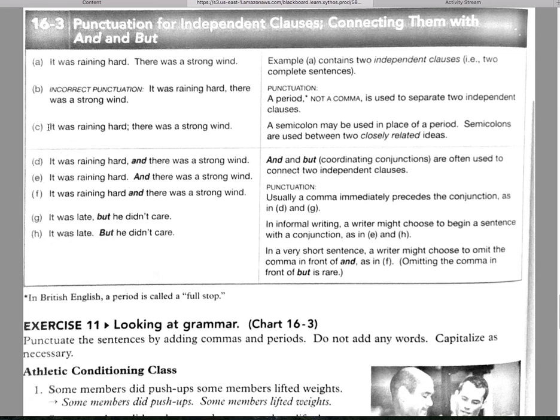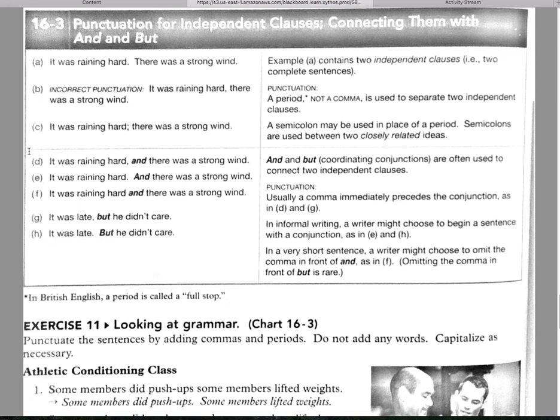So here you may use the semicolon to connect two independent clauses without a conjunction. But it's not as common as a period. Again, I would ask your writing instructor, because some will say, no, you need a period. Some will say, semicolon's okay. You should have used a semicolon.